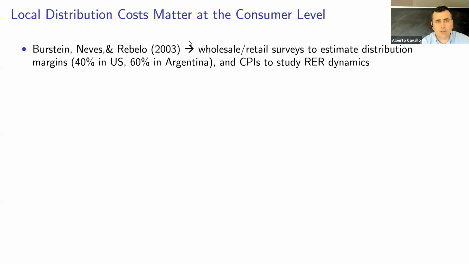And they basically tried to use surveys, input-output tables, and compare the markups, or the price difference between wholesale and retail prices, to estimate what is the domestic, if you want, component of this distribution cost. They estimated it was 40% in the US, 60% in Argentina, so it was quite high. Most estimates in the literature give you around this 50% range, and they studied this real exchange rate dynamics.